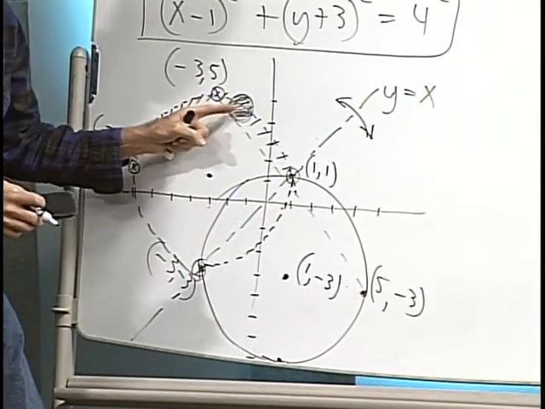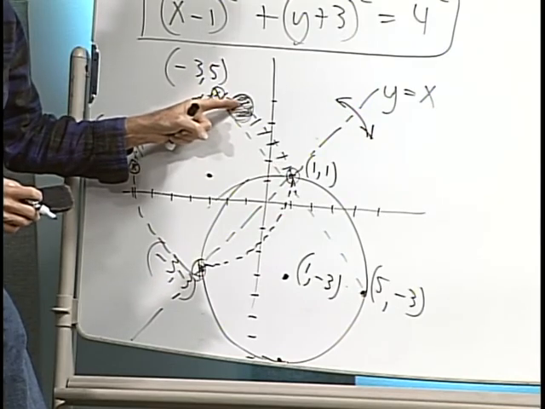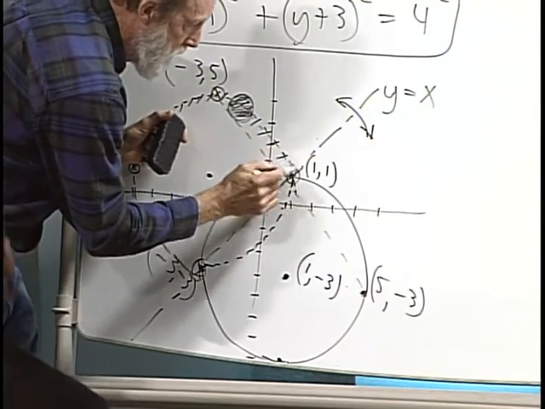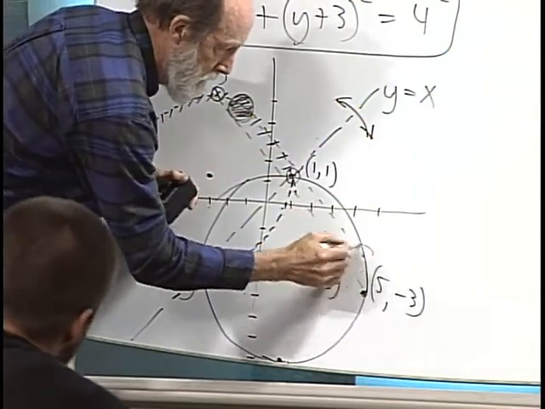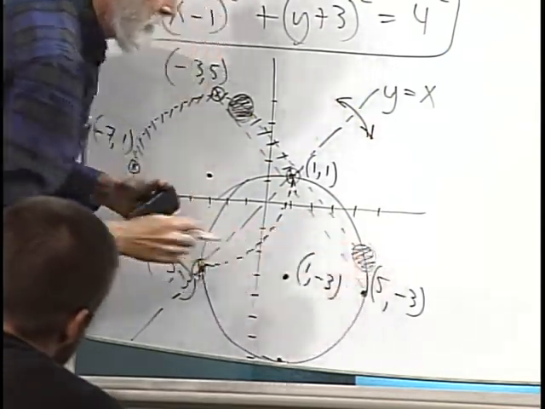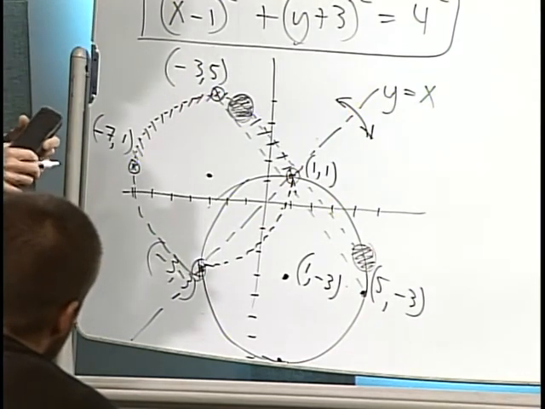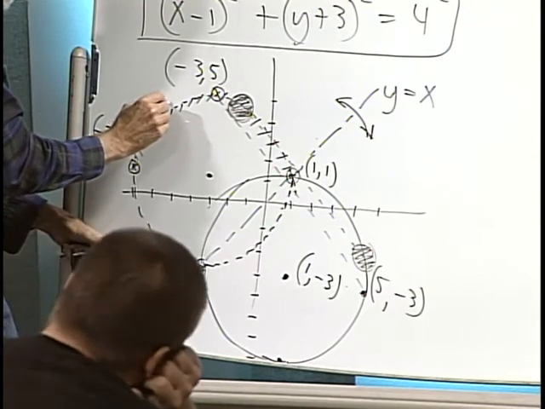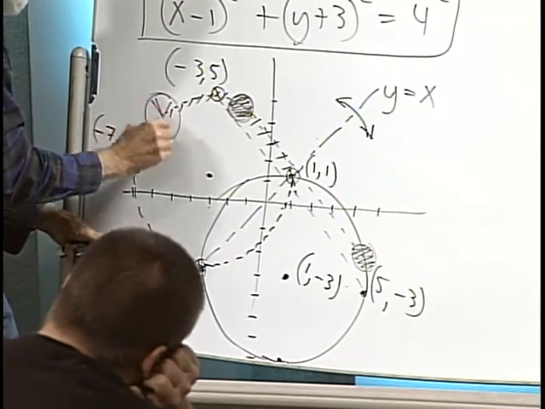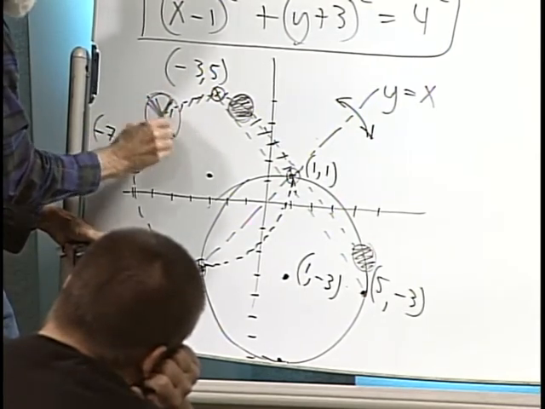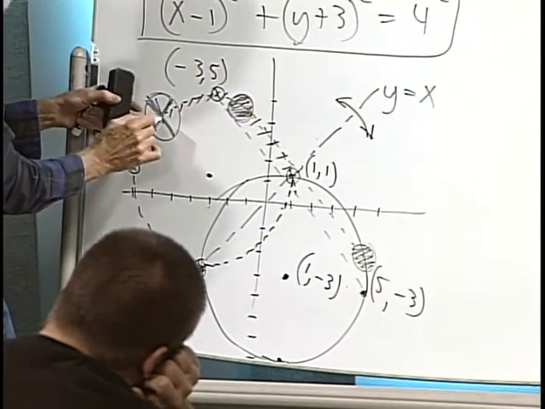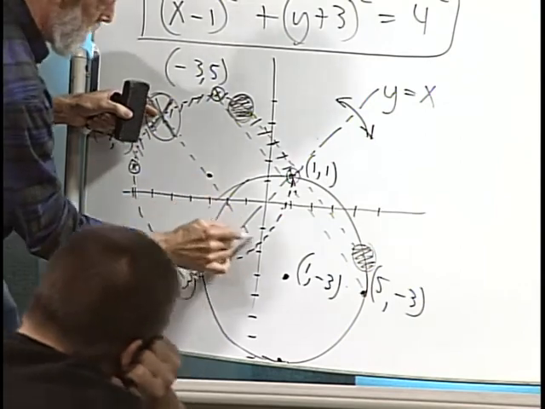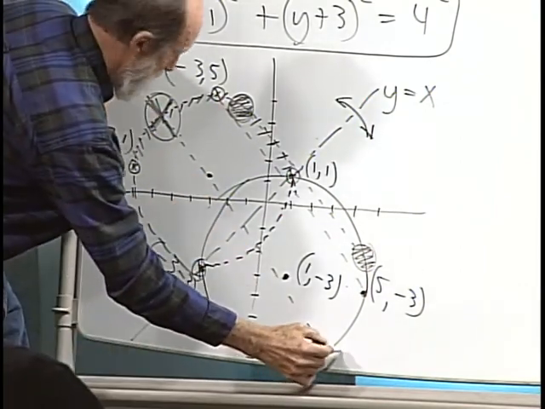If I took this point that I just drew as a big black circle, I'm going to roll it across that line. Where does it show up? Right here. Okay, and where is this point right here? Let me put a big black X there. Where does that point show up? Down here, isn't it?